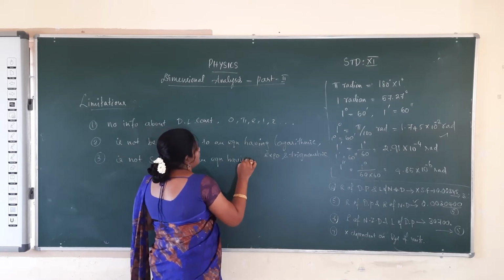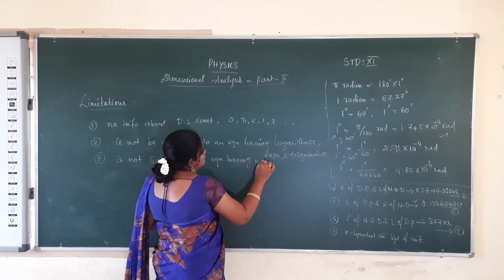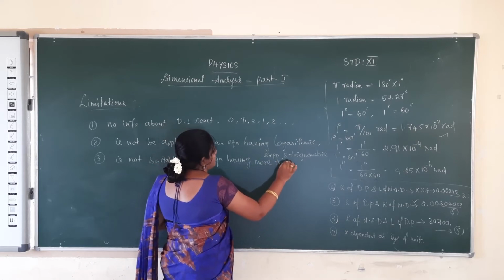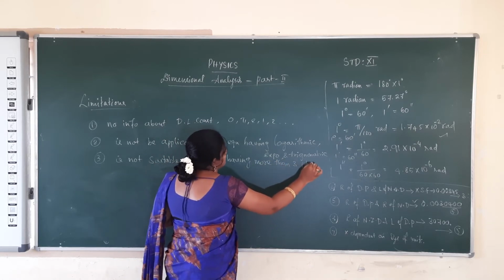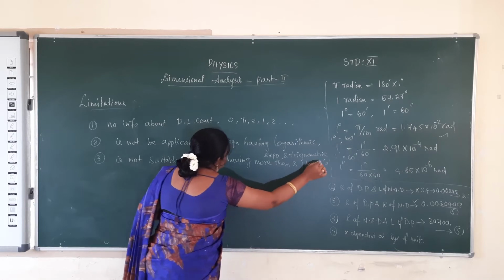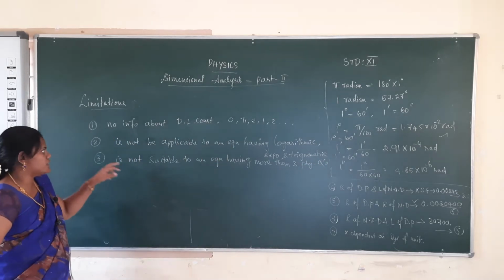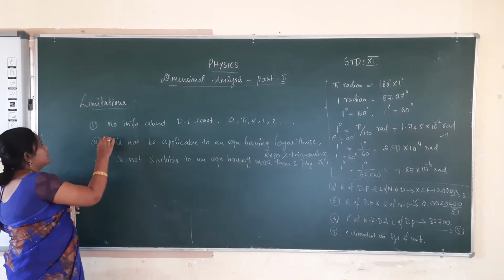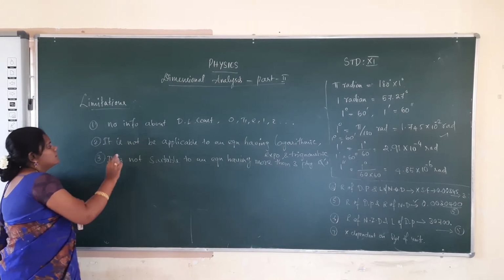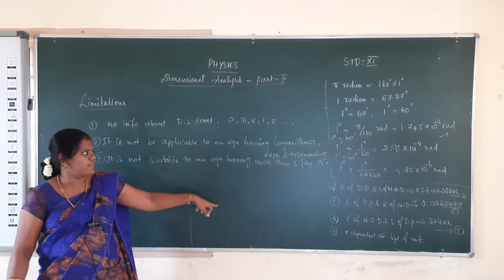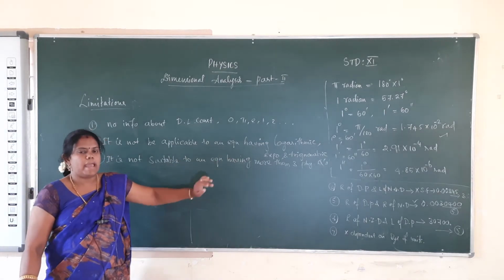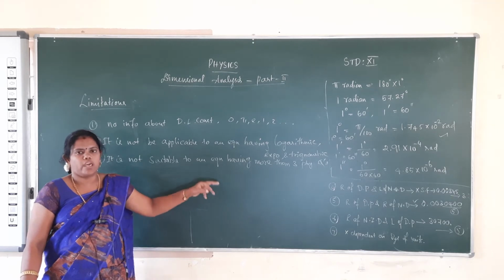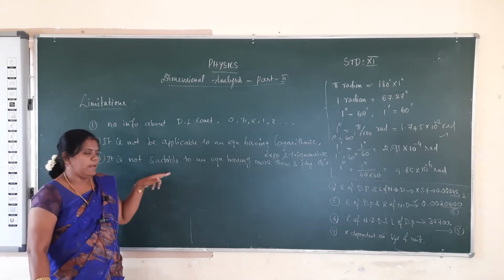If an equation has more than 3 physical quantities, then dimension analysis is not suitable. M, L, T are 3 physical quantities, that is okay, but if there are more than that, we cannot apply it.